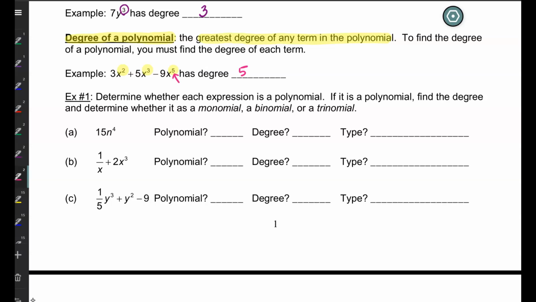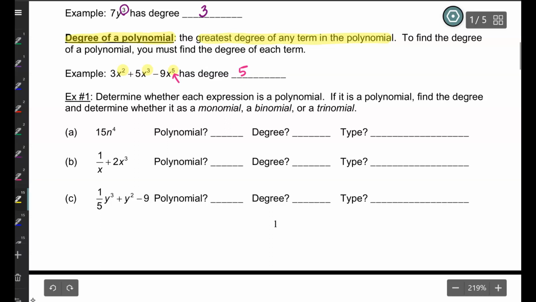Okay, so example 1, we want to determine whether each expression is a polynomial. If it is a polynomial, we're going to find the degree and then determine whether it's a monomial, binomial, or trinomial. Okay, so the first one, 15x to the 4th. Is this a polynomial? Well, we don't have any negative exponents.